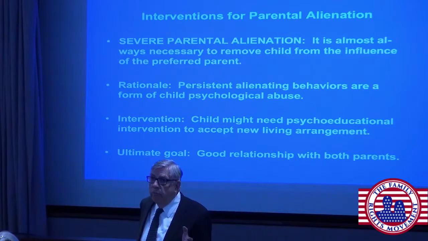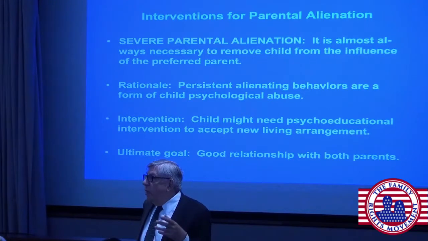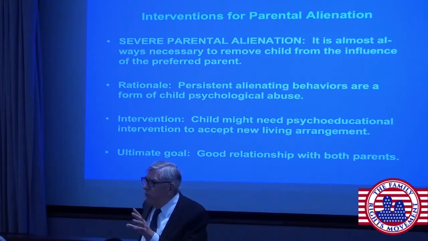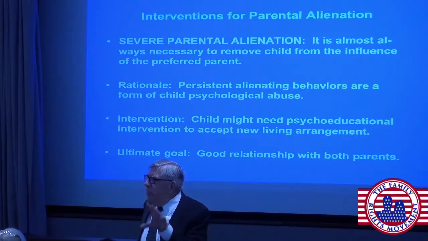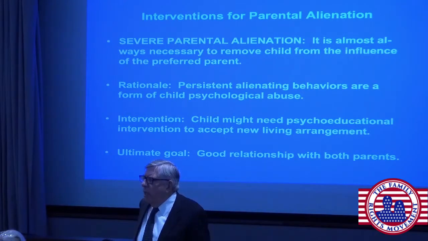It's very simple. I've said this in court a number of times now. Everybody seems to agree. I mean, the judges seem to agree. Yeah, that's child abuse. I'm in Tennessee, and we actually have court cases in Tennessee where the appellate court has said that alienating the child from the other parent is a form of child psychological abuse.